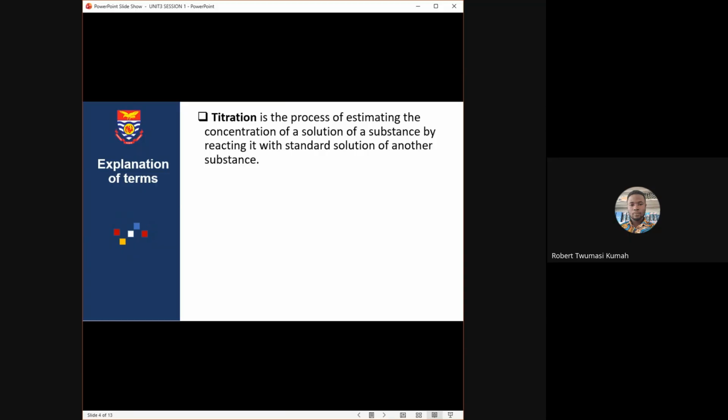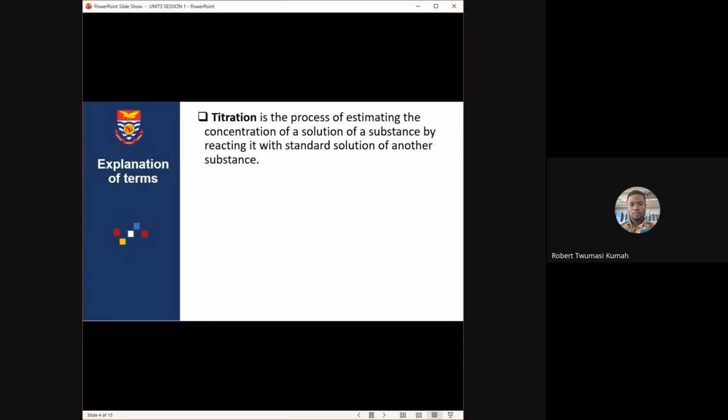Then, titration as a term is a process of estimating the concentration of a solution of a substance by reacting it with standard solution of another substance. So in this titration, we want to know the concentration of one solution. So we don't know its concentration. How do we do that? We get another solution whose concentration is accurately known. Then from the known concentration, we'll try to look at the relation between these two solutions or these two compounds.